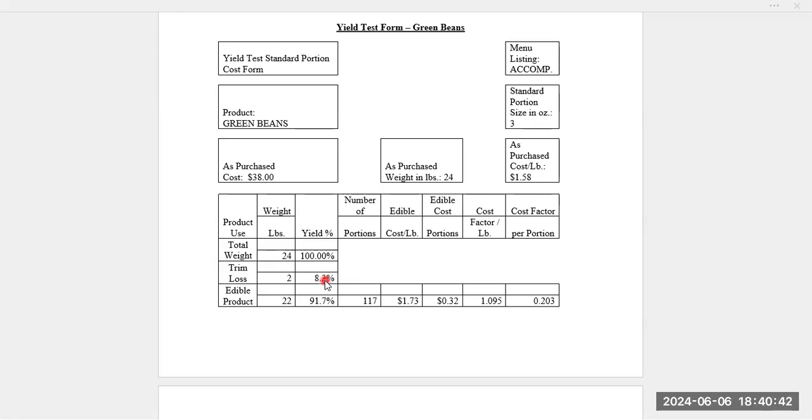I'm going to ask the class. How do you think I got that 8.3%? How do you think I got the 100%? Yes, sir. We get it, sir. So tell me what you did. You divide the 24 into 100, sir. The 24 pounds into the 100%, sir.